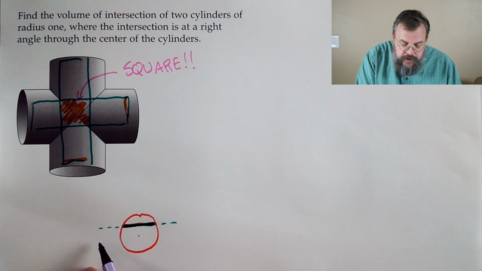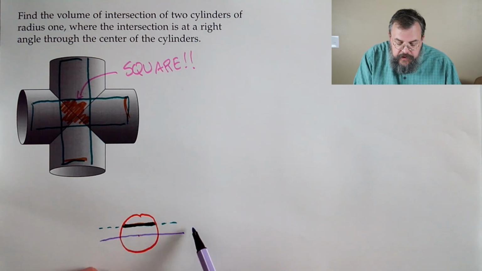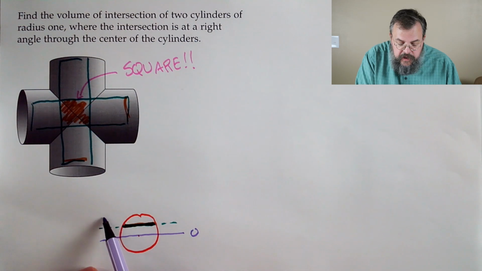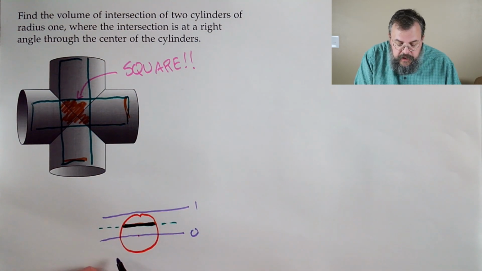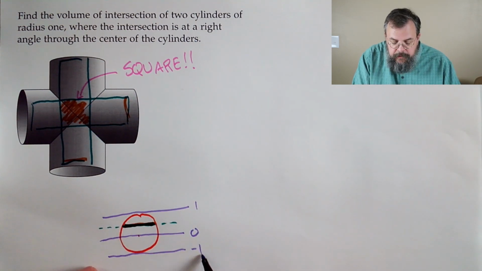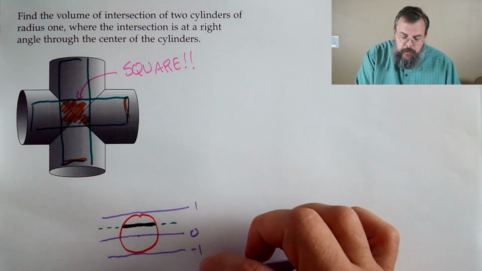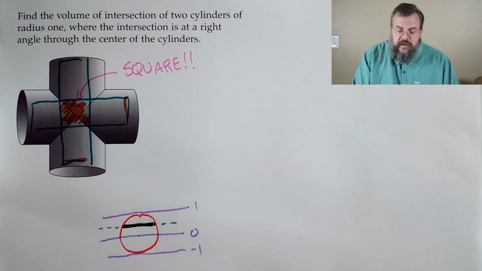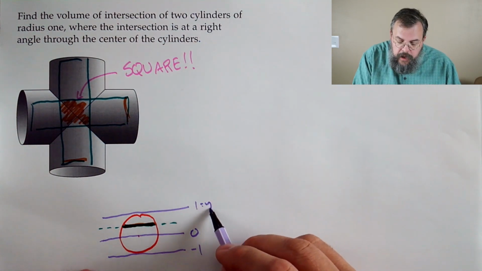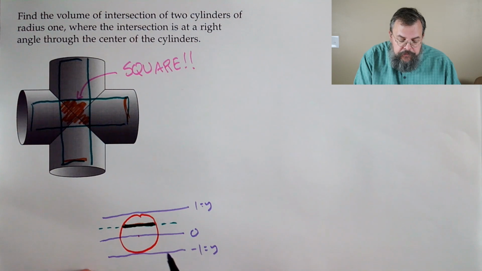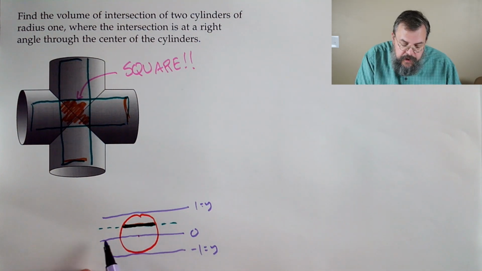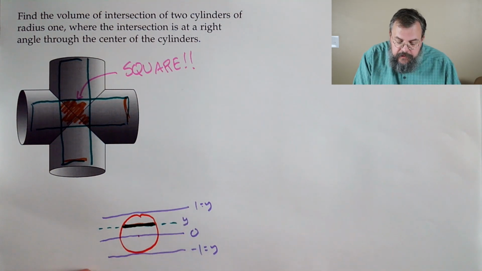So let's put a very straightforward idea. We'll put 0 here. We'll put 1 up here. And we'll put -1 there. So we're moving between 1 and -1 as we take our slices. And, well, we'll call this y. Why not? All right, so here's y. Now, suppose I'm slicing at a particular value for y.